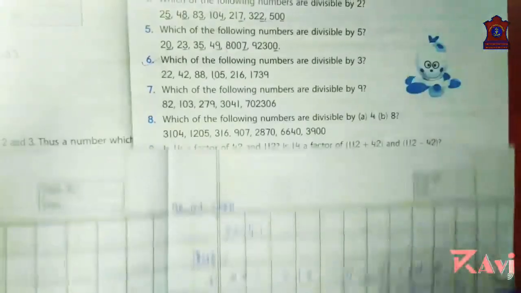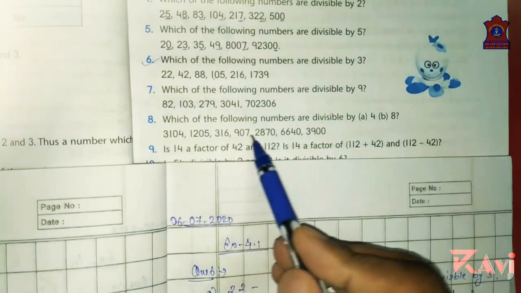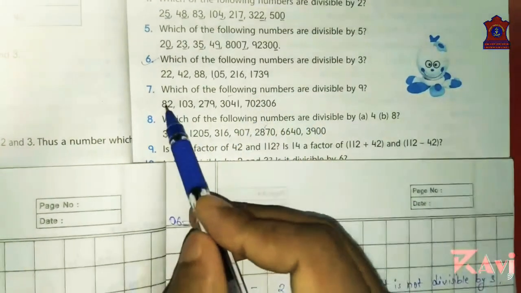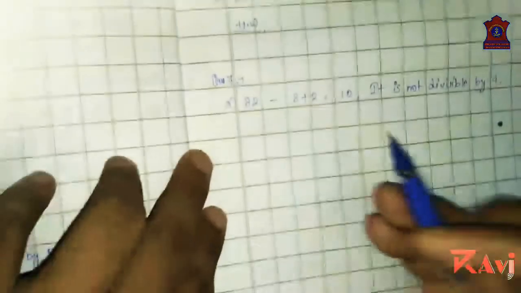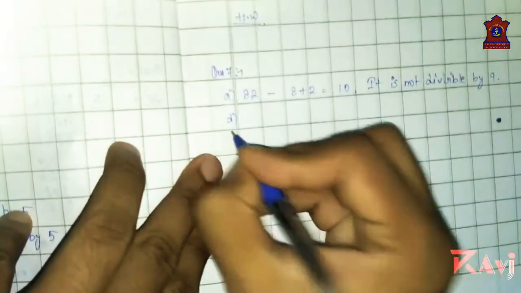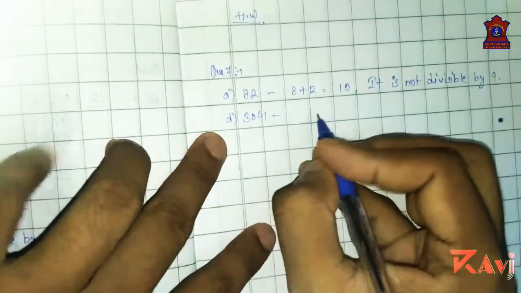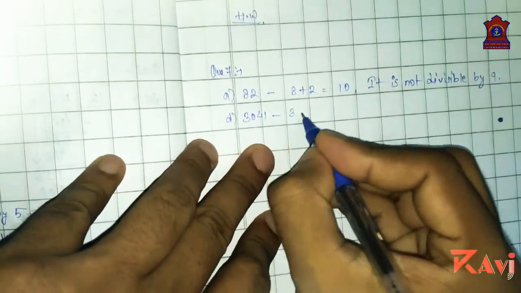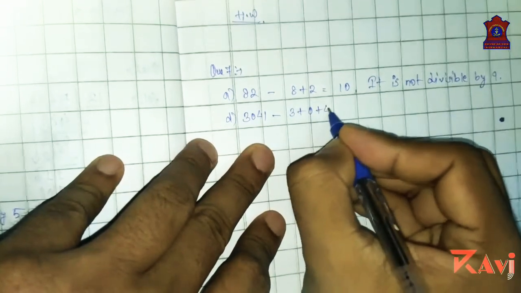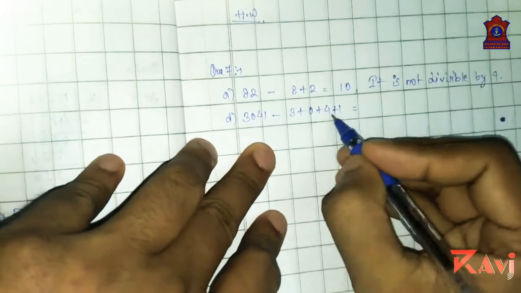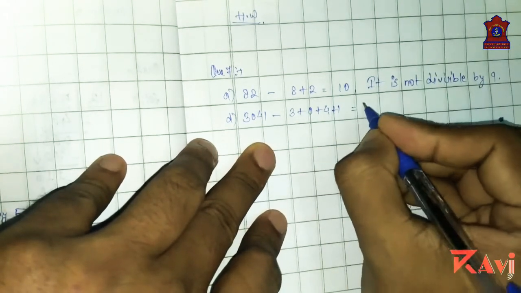Similarly, for example, take this question, D, 3041. Add all the digits of this number. 3 plus 0 plus 4 plus 1. 3 plus 4, 7, plus 1, 8.